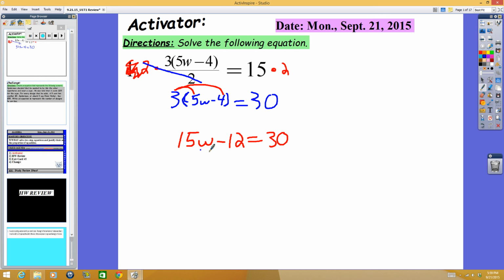Alright, and now we're just trying to solve for this W. You look for the number that's by itself, which is this 12. Opposite of minus or subtraction is addition. And we know we just canceled those out. We got 15W equals 42. And you can't forget that this is multiplication hiding here.